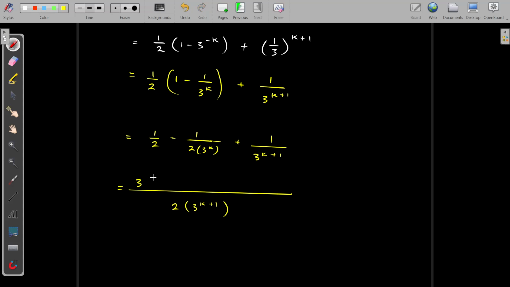So that's 3 to the k plus 1 minus 3 plus 2. So this simplifies to give 3 to the k plus 1 minus 1 over 2.